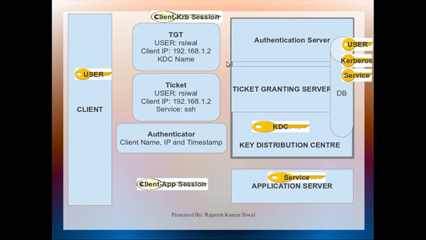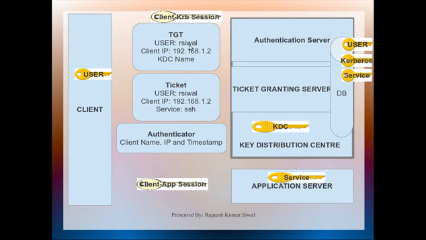Now, to make this request, the user first creates an authenticator. So the user authenticator will include the username, the IP address of this machine, and the timestamp when I am requesting this service. And this will then be encrypted with the session key.